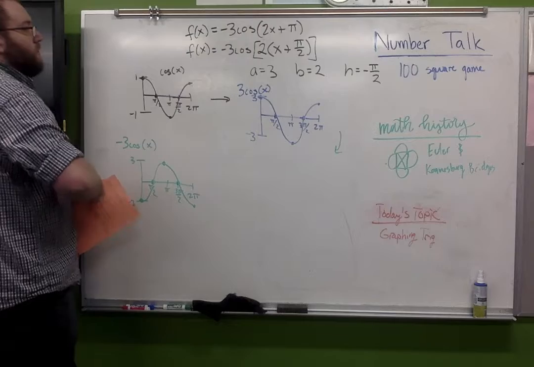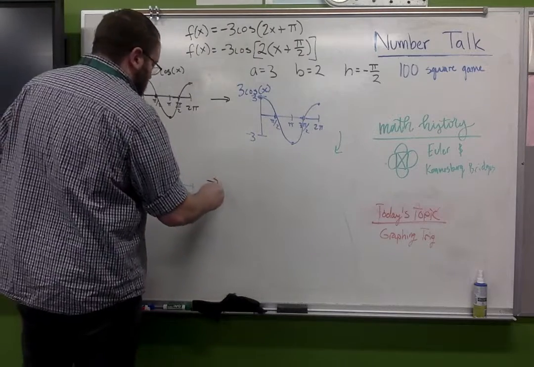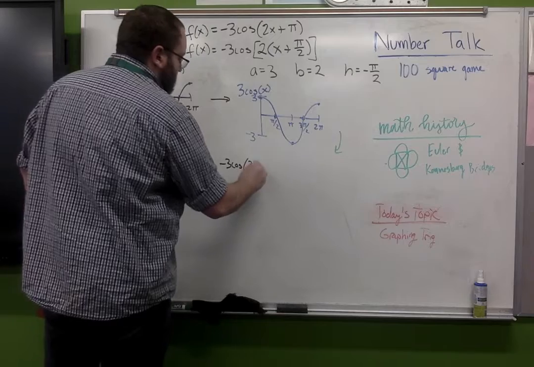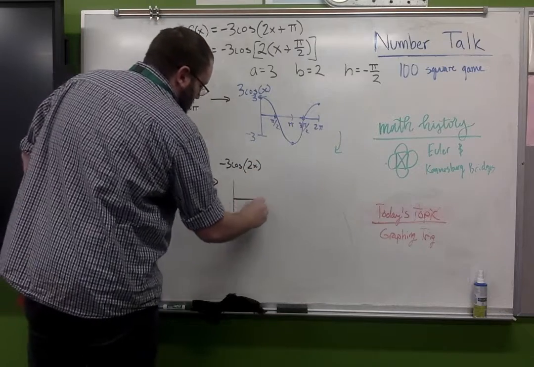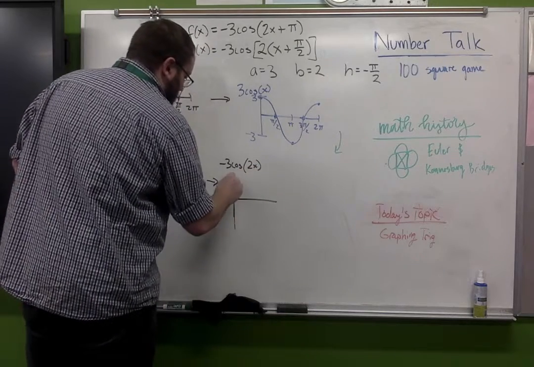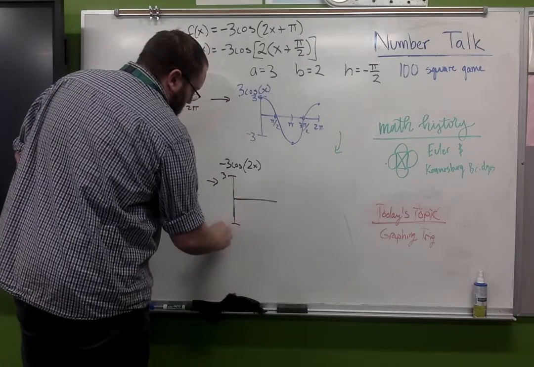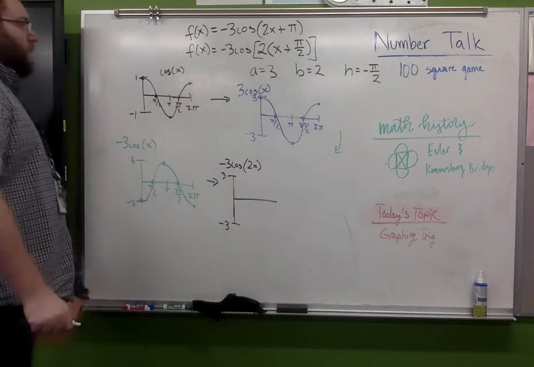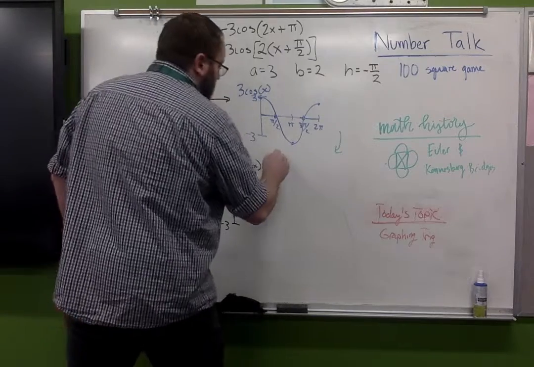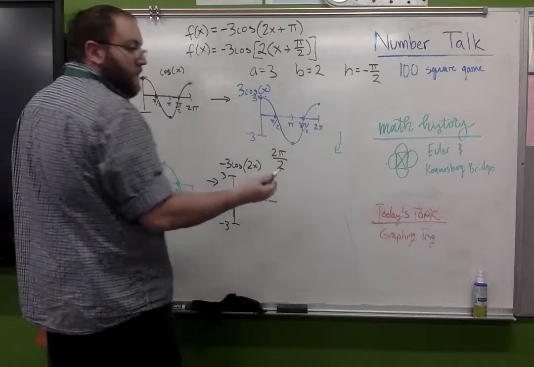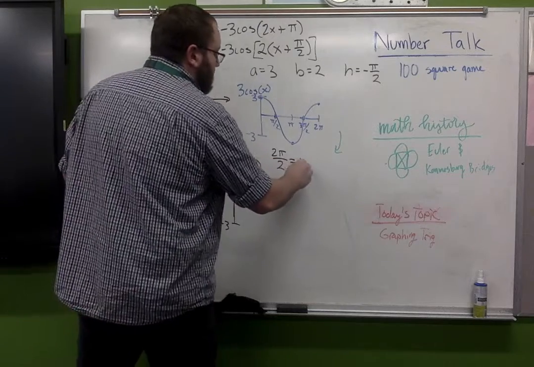Now let's do the period change. So now we have -3 cosine of 2x is what we're going to graph. So we're at 3, -3. Now my new period, I take the original period, so 2 pi, divide it by b, which is 2, or absolute value of b. So my new period is pi.